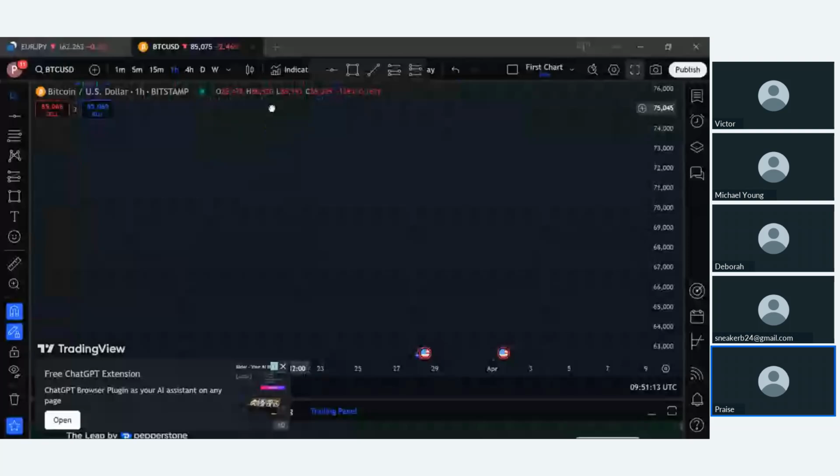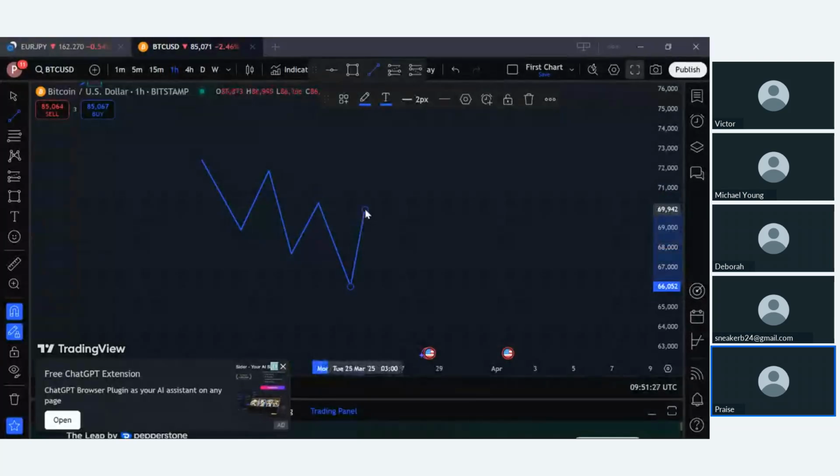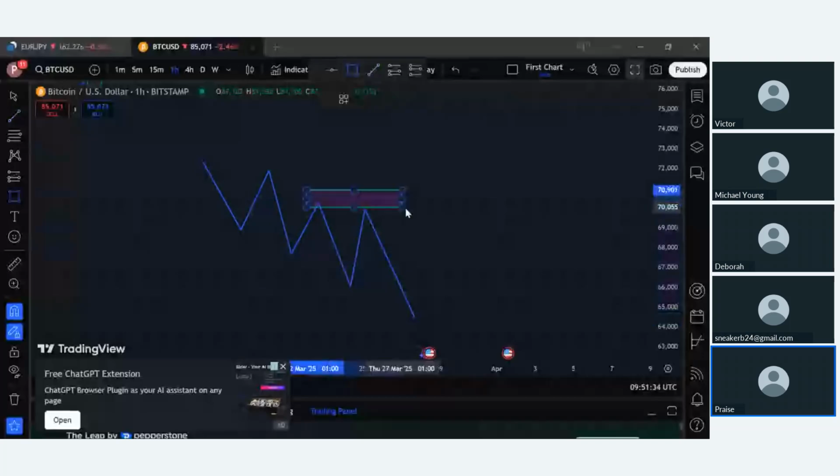First, let's say the market is trending downward, moving like this. Then the market forms resistance, right? This point where the market formed resistance is your point of interest. You want to wait for the market at this point so that you can take an entry.